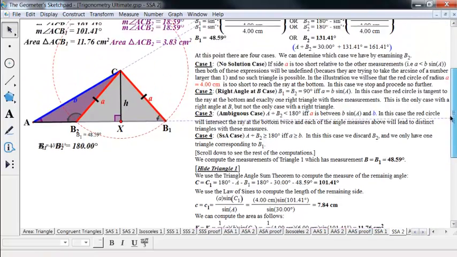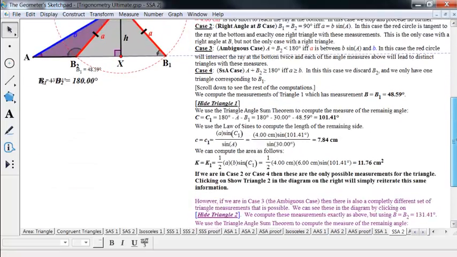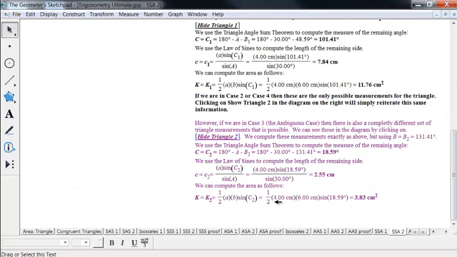Now, if we can't eliminate this yet, then we can use the same setup to do exactly the same computations, but with a different value for B, to find a different value for C, and a different value for side C, and a different value for the area.